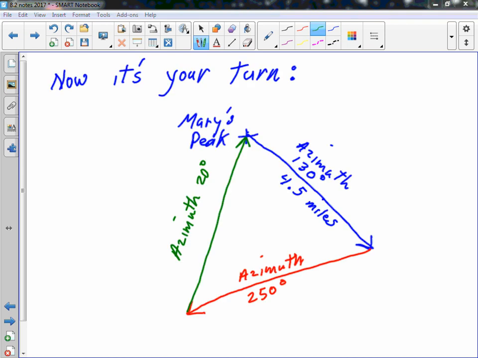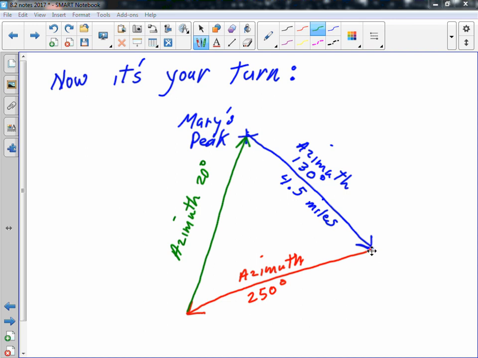So your challenge is you're starting at Mary's Peak and you hike on an azimuth of 130 degrees using your handy little compass and app on your phone for a distance of 4.5 miles.